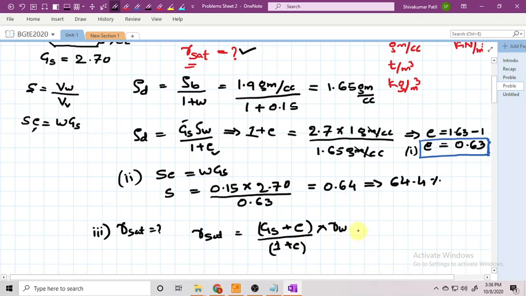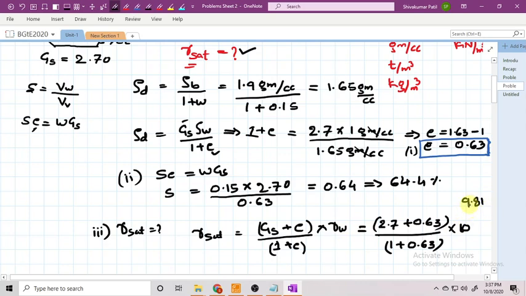So substitute here, specific gravity 2.7 plus E. E we just found out is 0.63, divided by 1 plus 0.63, into the unit weight of water. The unit weight of water is 10. Or I can take 9.81 also.